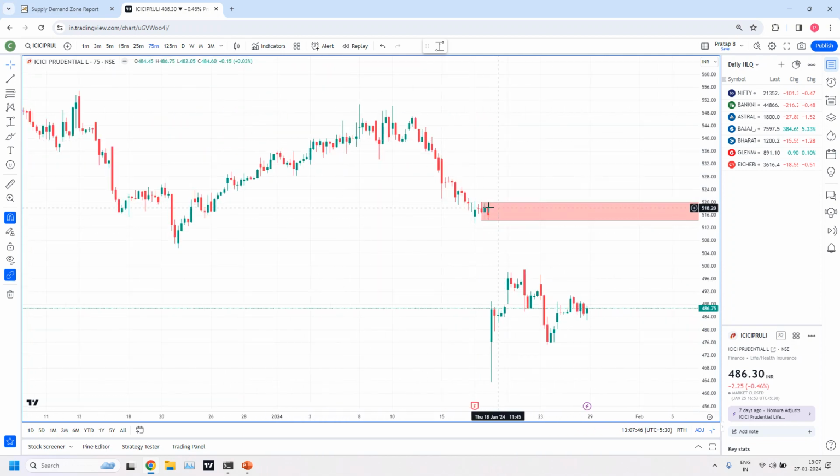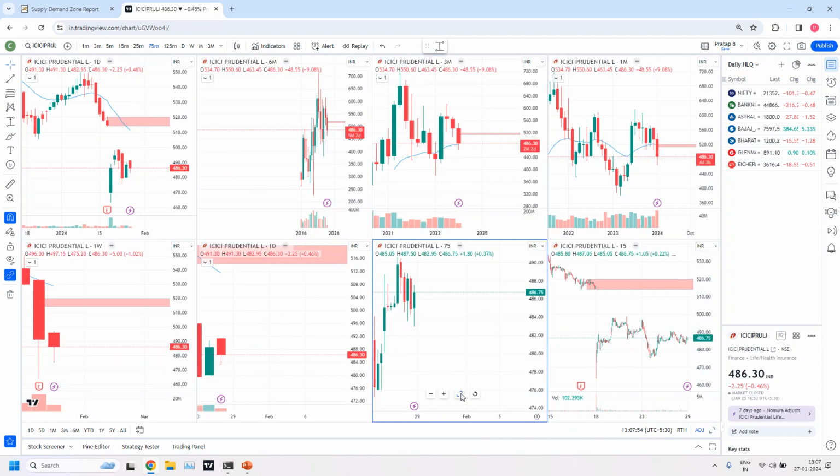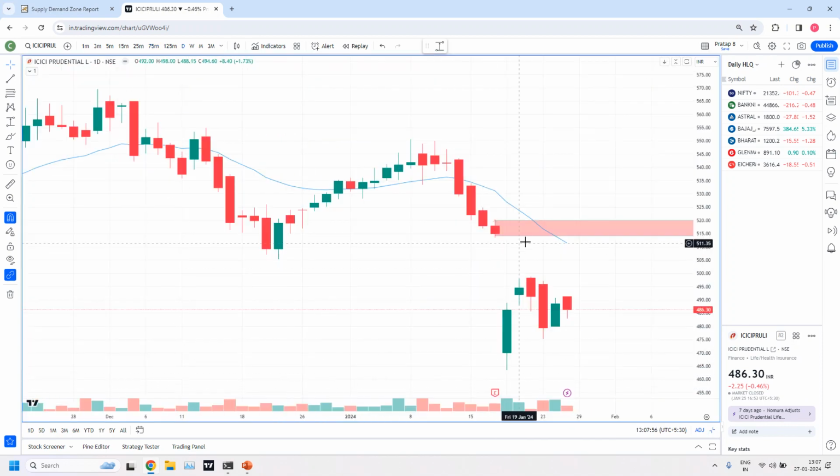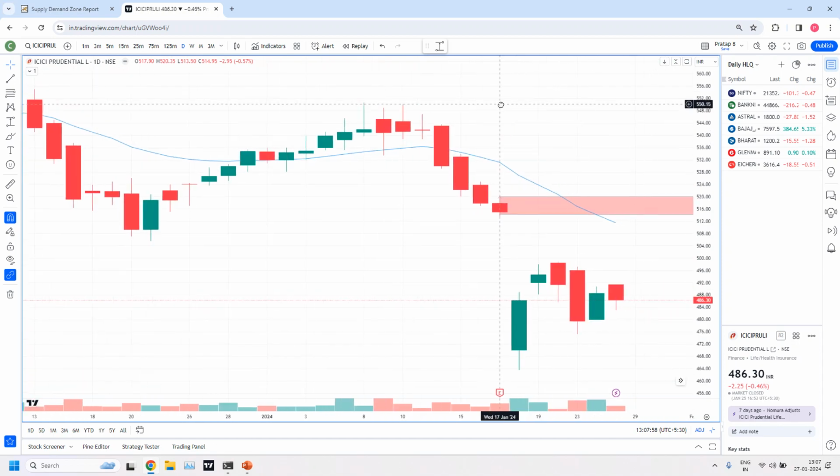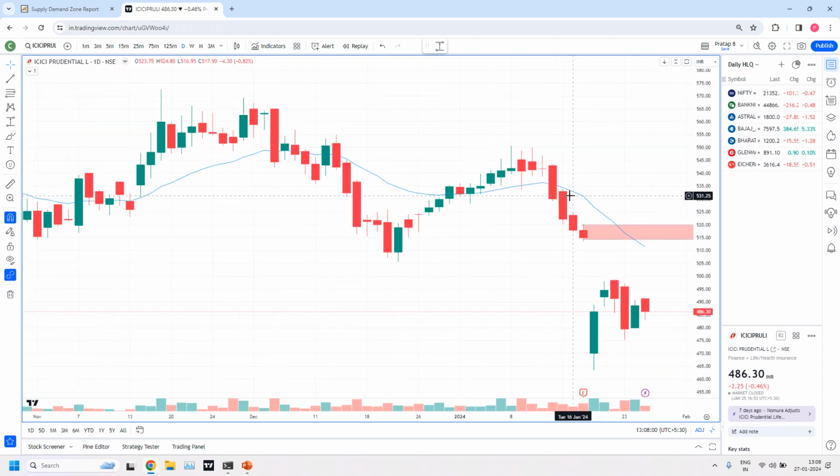And definitely this zone should be there inside the daily zone. So let us look into the daily. See here, we have a drop candle, base candle, drop candle.